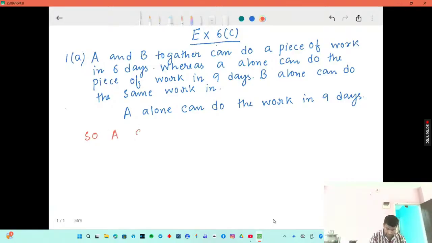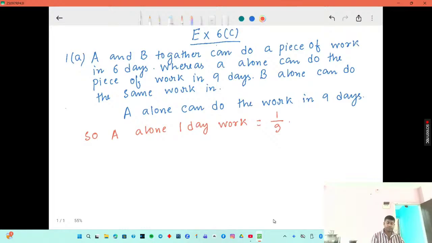A alone 1 day work is equal to 1 by 9. If A alone can do the piece of work in 9 days, then the amount of work A alone can do in 1 day is 1 by 9.